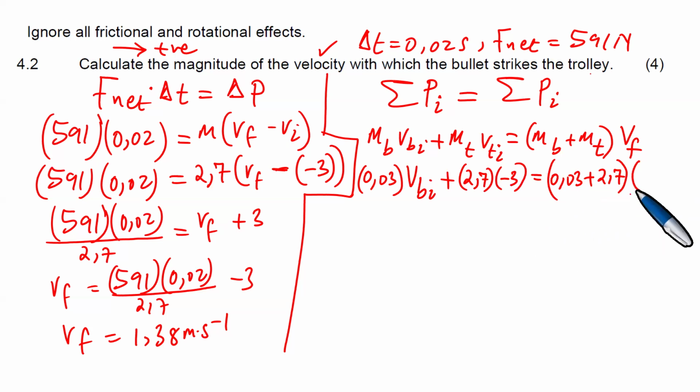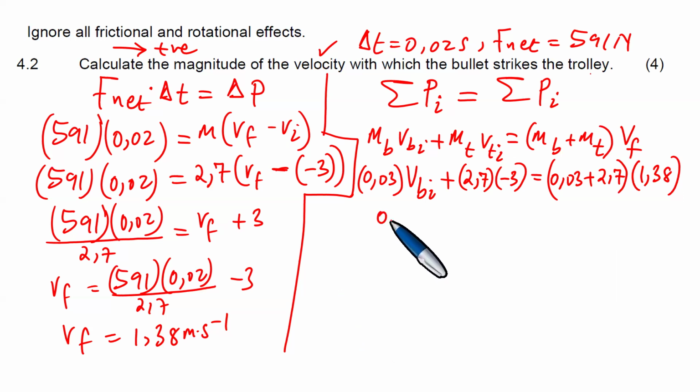And we understand that the actual velocity of the whole system is 1.38 meters per second. That is the actual velocity of the system.